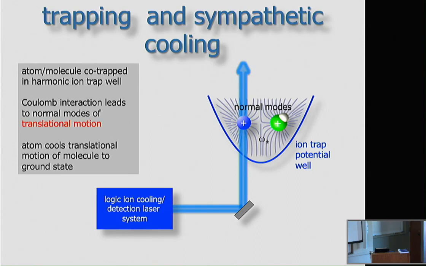So basically you can think of the molecule as being held in place, and also I can read it out, but at the same time the internal degrees of freedom are more or less free to do whatever they want. They don't really know that the logic ion is here. But I can cool this to the ground state and then use the motional state of this 2-ion crystal as the messenger.